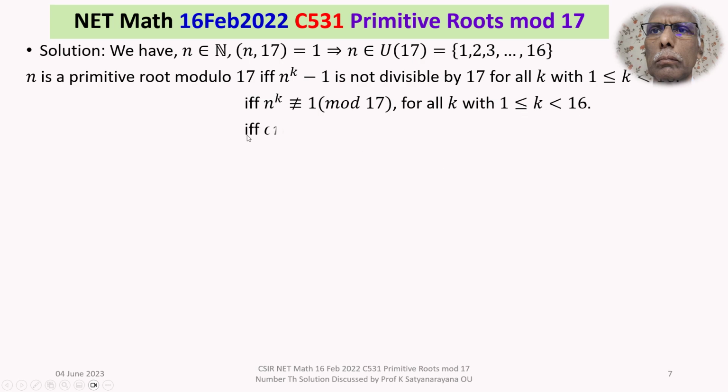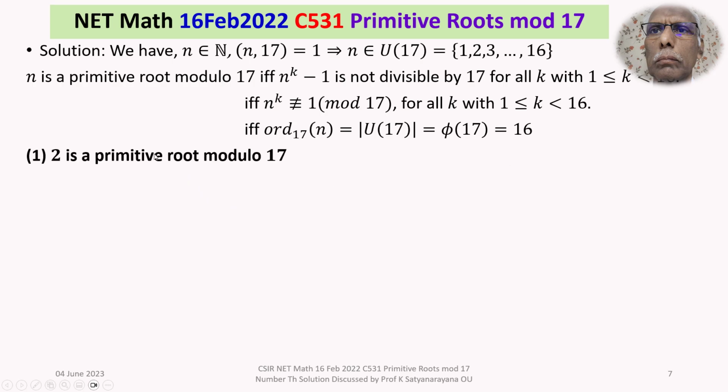It is the same as if and only if the order of n modulo 17 is equal to the order of U(17), that is equal to phi of 17. Phi of 17 is 16. Phi of p is equal to p minus 1. 17 is a prime, therefore phi of 17 is 17 minus 1, that is 16.